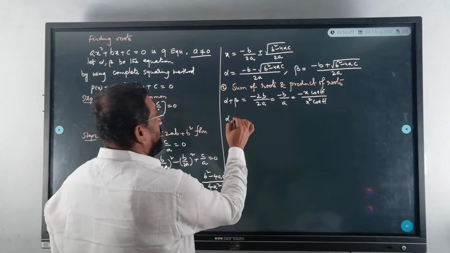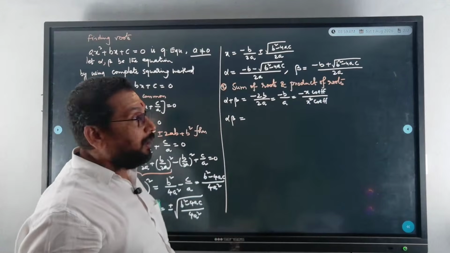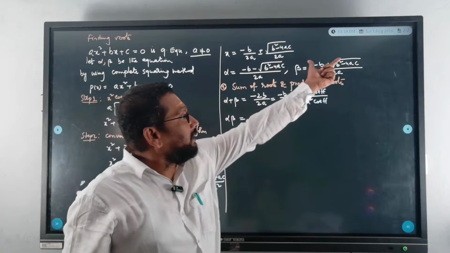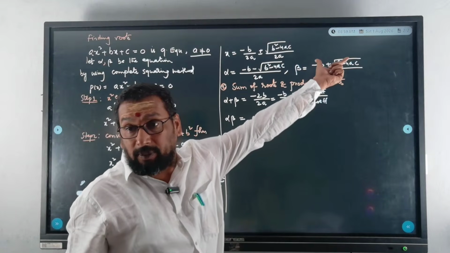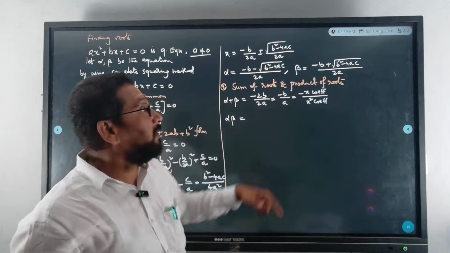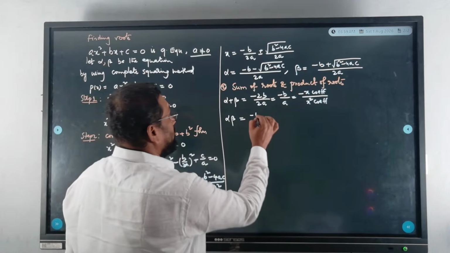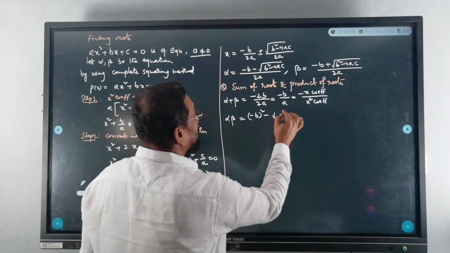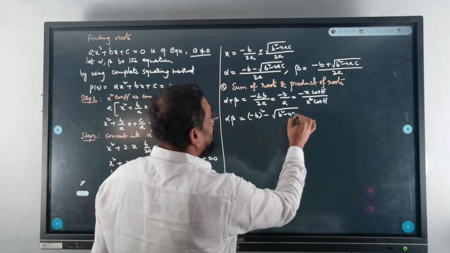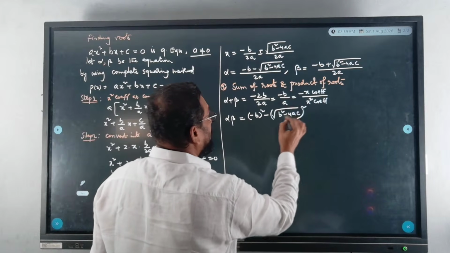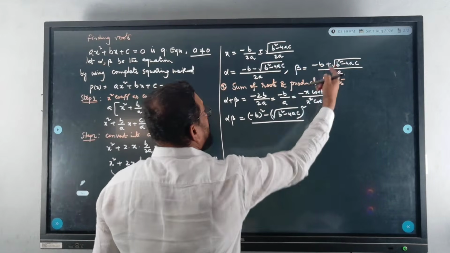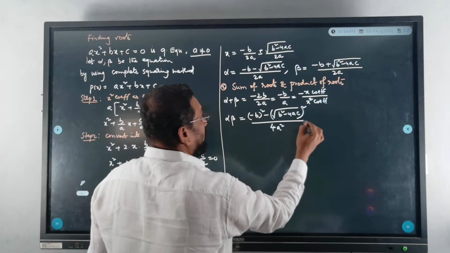Now product of roots, if you will observe, this is x plus y, this is x minus y, (a plus b) into (a minus b) is a square minus b square. So minus b whole square minus root over b square minus 4ac whole square by 2a times 2a, 4a square.